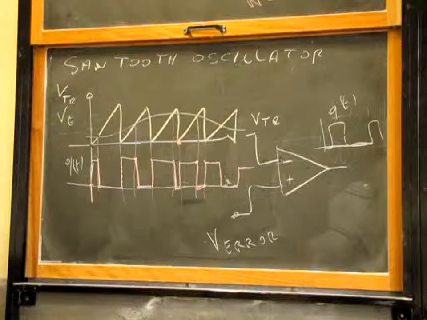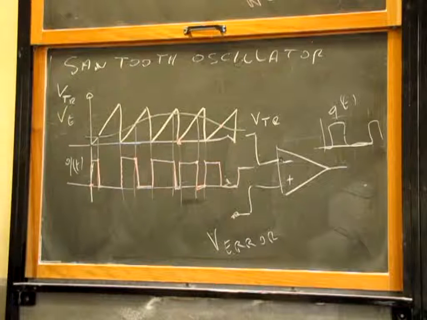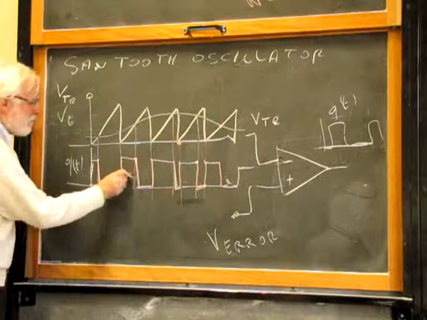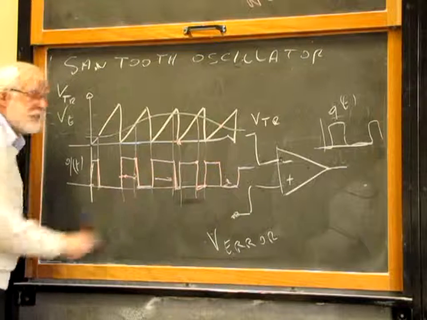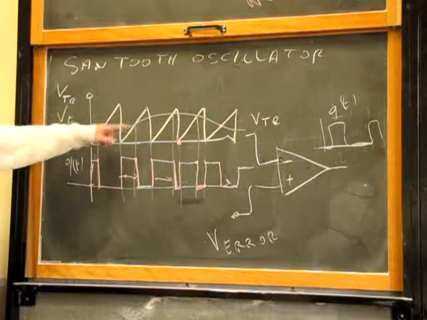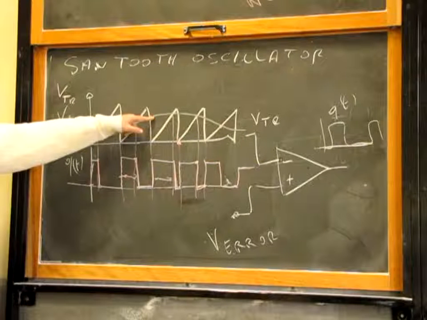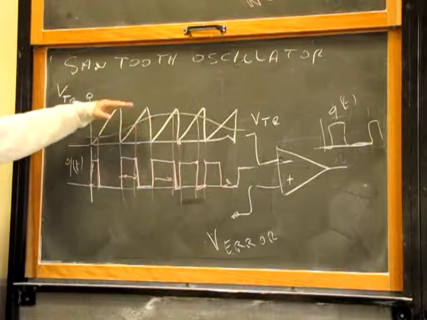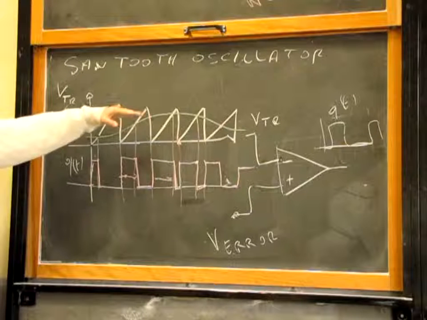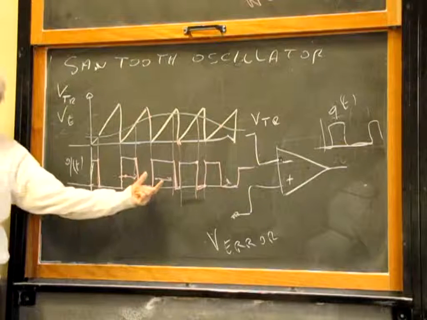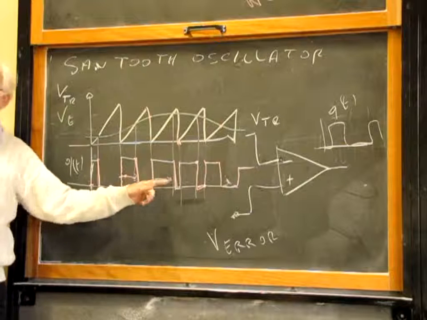This is my PWM pulse width modulated signal. And the width of these pulses depends on the value of the error signal, the input signal. The higher the input voltage, the wider, the longer are these pulses.